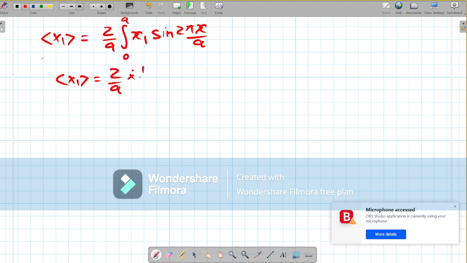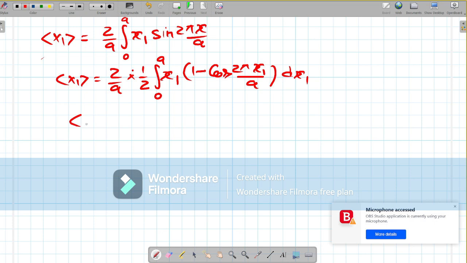So x1 is equal to 2 by a into half into the integral 0 to a of x1 times (1 minus cos 2 pi x upon a) dx1.